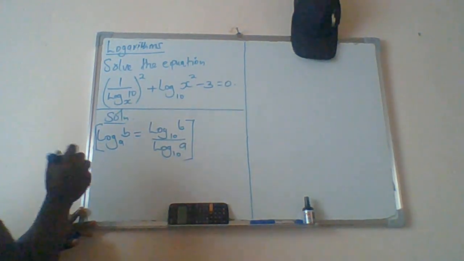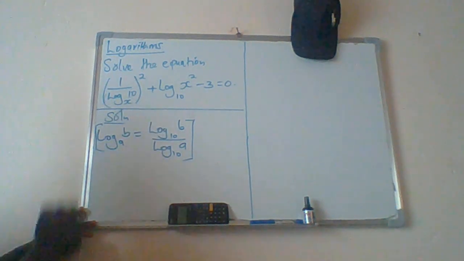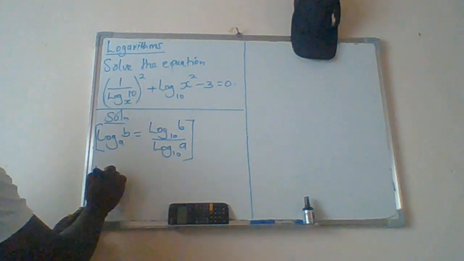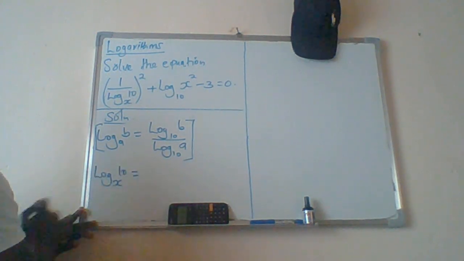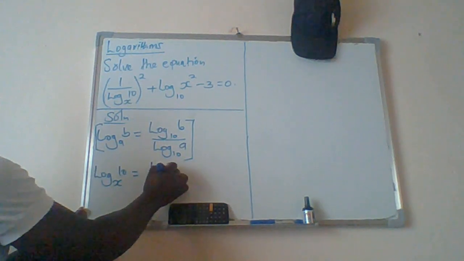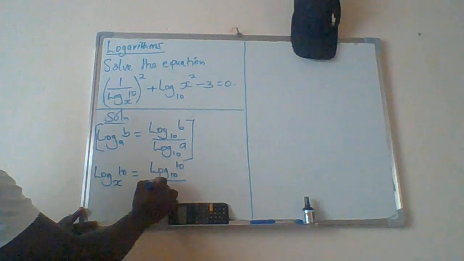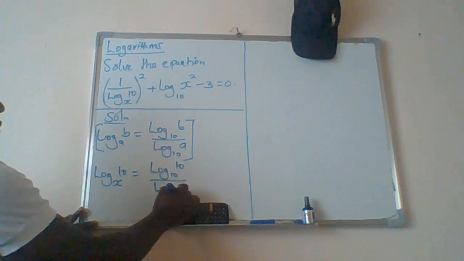So I want us to convert this section, log 10 to base x, so that it has a base of 10. Log 10 to base x is equal to the logarithm of 10 to base 10 divided by the logarithm of x to base 10.